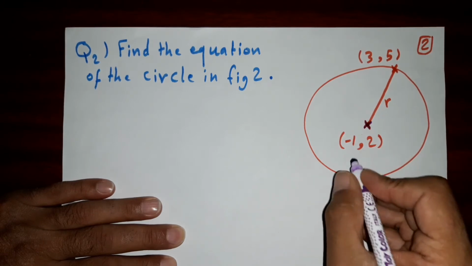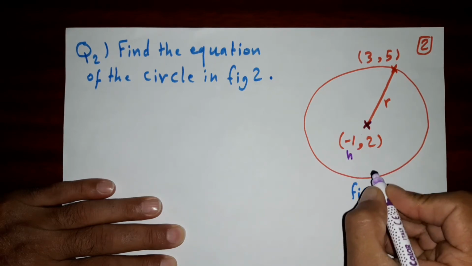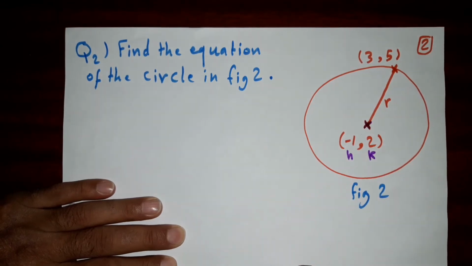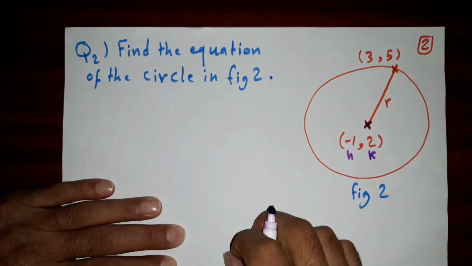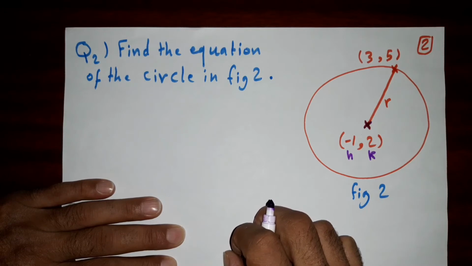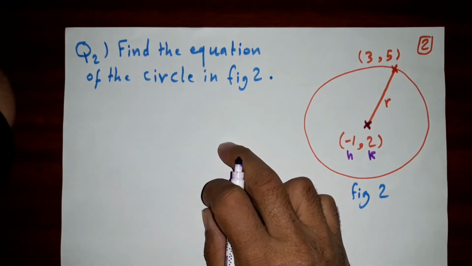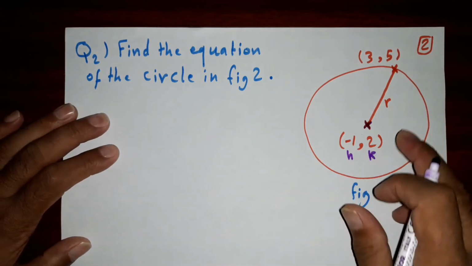We call negative 1 h in the center, and 2 we call k. We have the center and a point on the circumference of the circle, but we don't have the radius. The radius is unknown. And I said that if we want to find the circle equation, we must have the center and the radius.